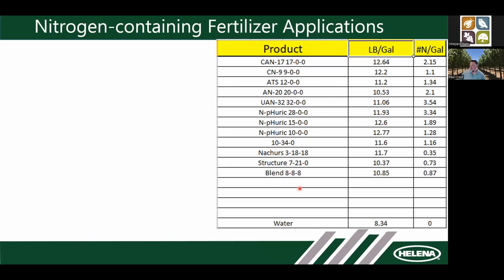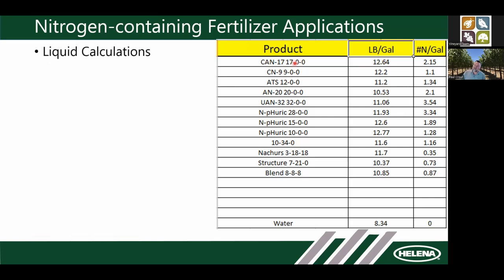But if you look at a fertilizer blend that's, for example, 8-8-8, that only weighs 10.85 pounds per gallon. So they're both a gallon, but this one obviously weighs a ton more. Now, this is an example of a cheat sheet that I've built, that I have the automatic calculator, so I know exactly how many pounds of nitrogen per gallon I'm applying. But you have to convert the liquid to dry pounds, to weight, in order to make this calculation work.